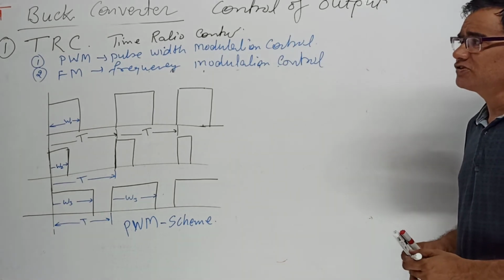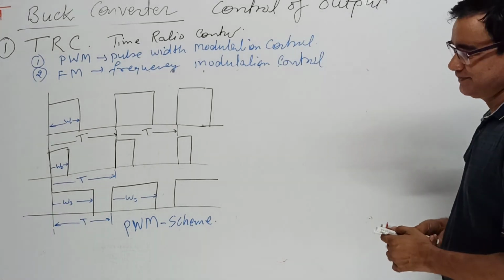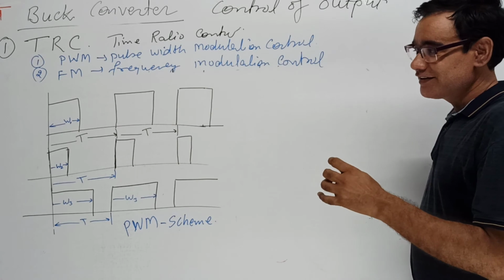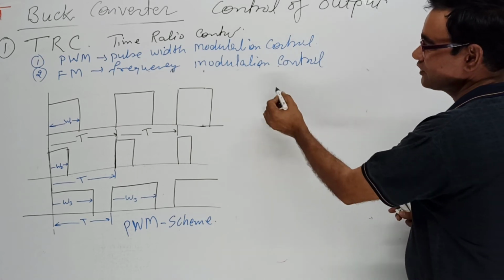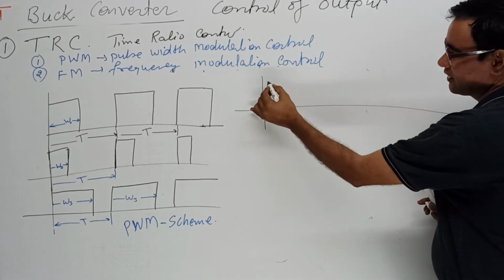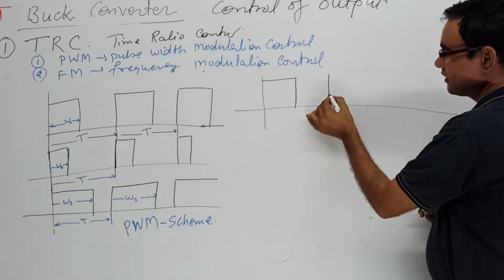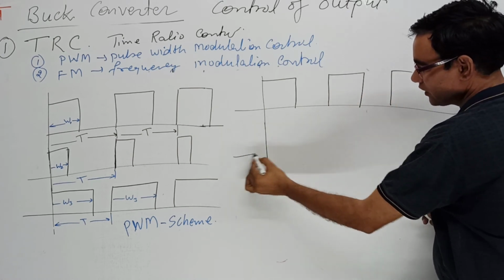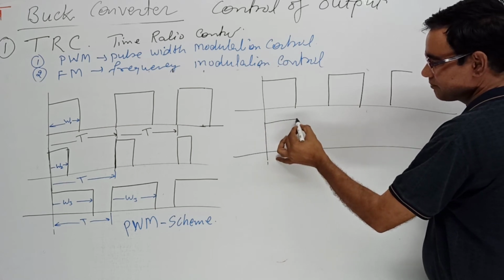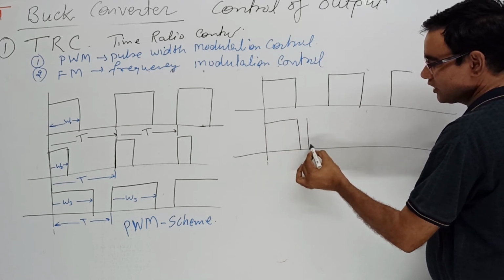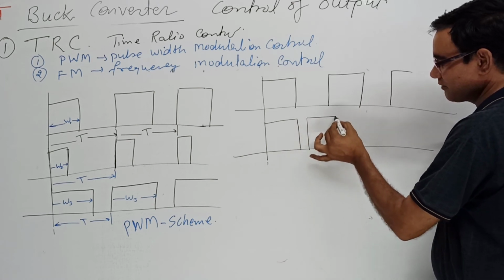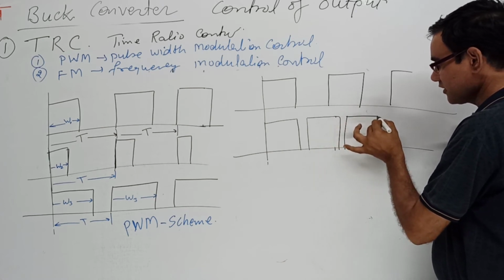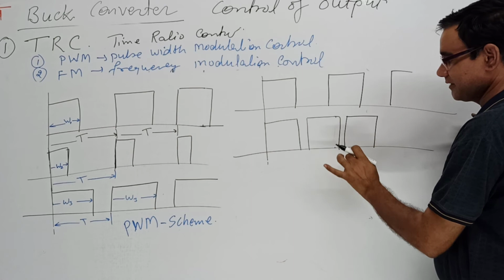The second scheme is the frequency modulation scheme. The total duration does vary, while the pulse width does not vary. So in the second technique, this is the pulse width. If you want to decrease the voltage, the pulse width remains the same, and the total duration will vary.